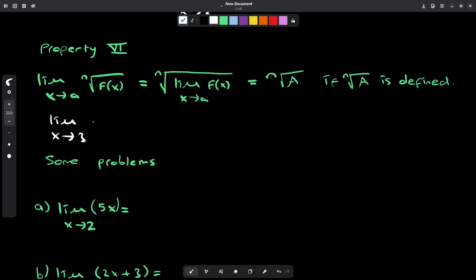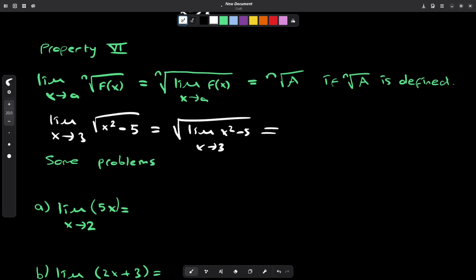The limit as x approaches 3 of root of x squared minus 5. To evaluate this limit, from the property we have, we can write the limit of x squared minus 5 as x approaches 3. Plug the 3 in, 9 minus 5, 4. So this is equal to root 4, which is also equal to 2.